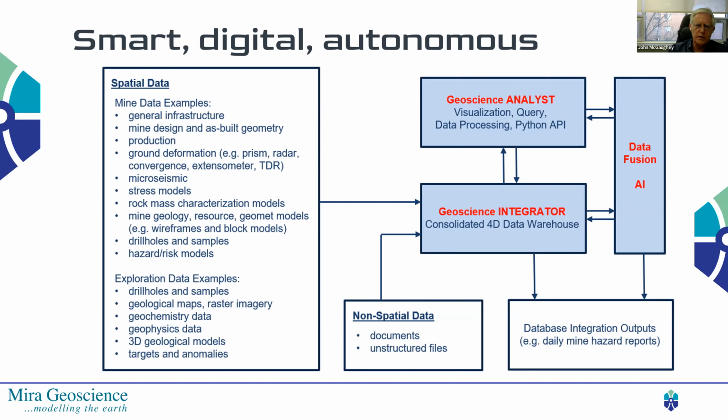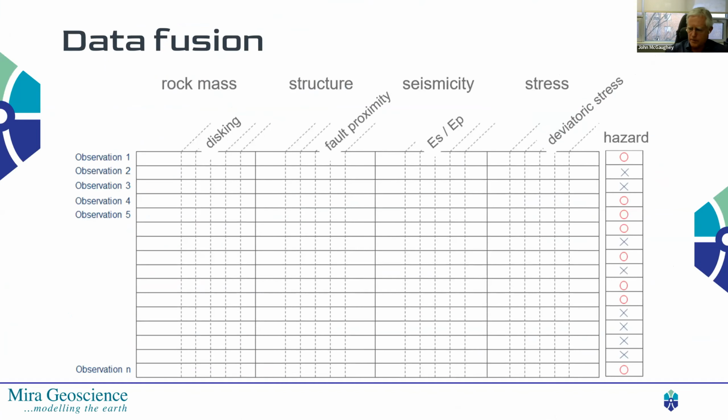By data fusion, what we mean is being able to take data of different types, for example support, mine production, geology, geotechnical data like ground deformation, and being able to combine it all and do that quantitatively to create some output of value. And the way that's done is we co-locate data in space and time on different points of the mine.